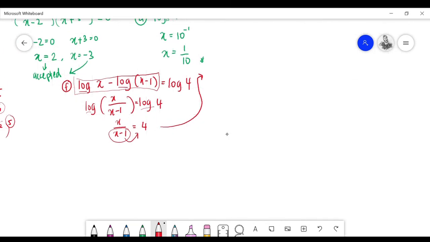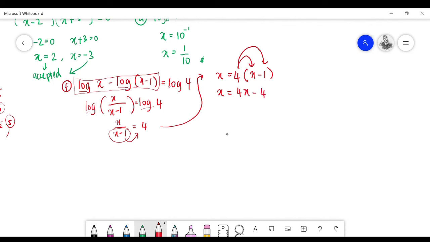So you have x equal to 4 times x minus 1. So for x and also for negative 1, you will have x equal to 4x minus 4.